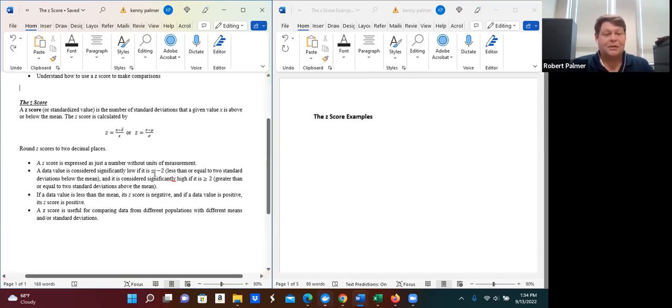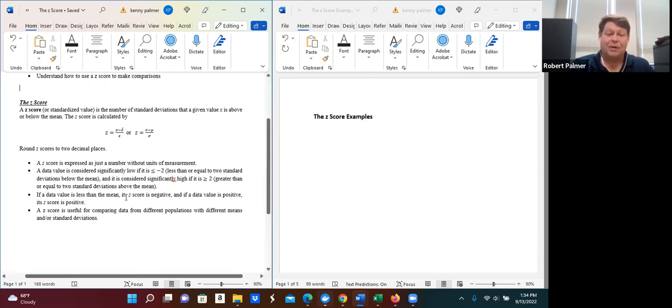If your z-score is less than or equal to -2, it means it's 2 or more standard deviations below the mean. And if it's greater than or equal to 2, it's 2 or more standard deviations above the mean. Those are typically extreme values relative to the data.